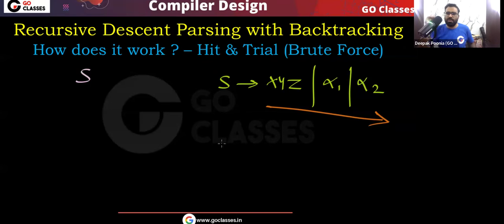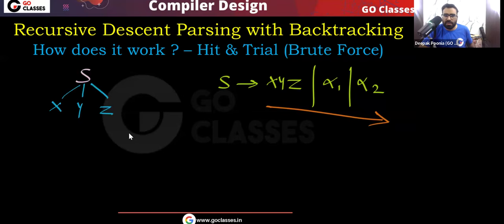So this recursive descent parser does hit and trial, it will try these productions, but not randomly. It will try these productions in this specific, fixed order. Very simple. So for this non-terminal, first we will try this production x, y, z.